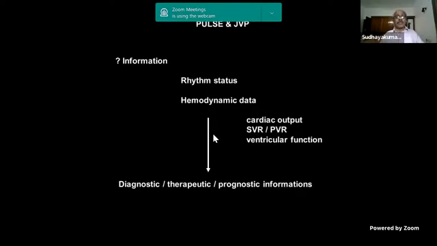Now, this is just an introduction. Now, information. What do we get from pulse and JVP? Rhythm status. Many times we have landed up with problems in a wide QRS tachycardia on the ECG, to know whether it is SVT or VT. Many times it has been sorted out by simple clinical examination like pulse, JVP, and auscultation of the first sound.